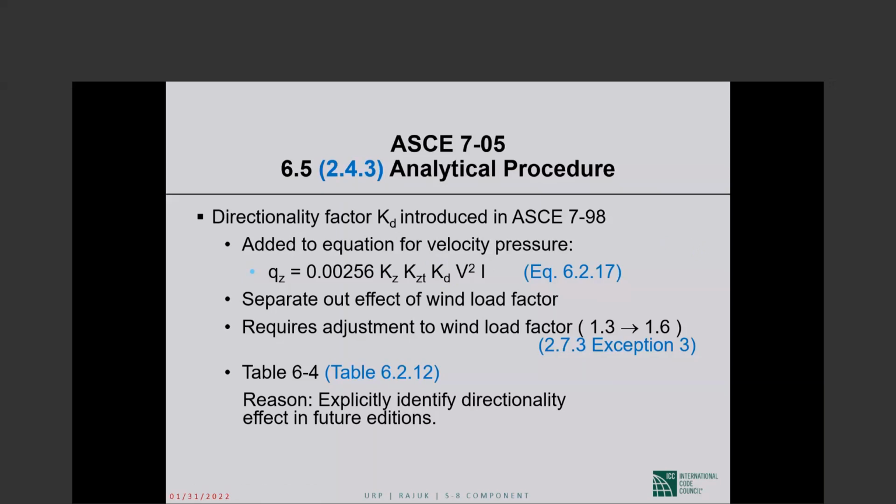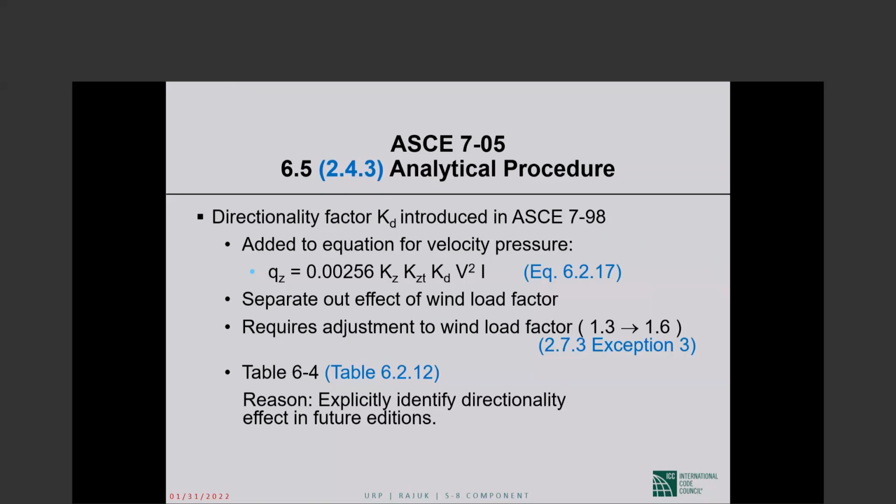K sub D is called a directionality factor. It accounts for the fact that wind is seldom in the most critical direction of the building.